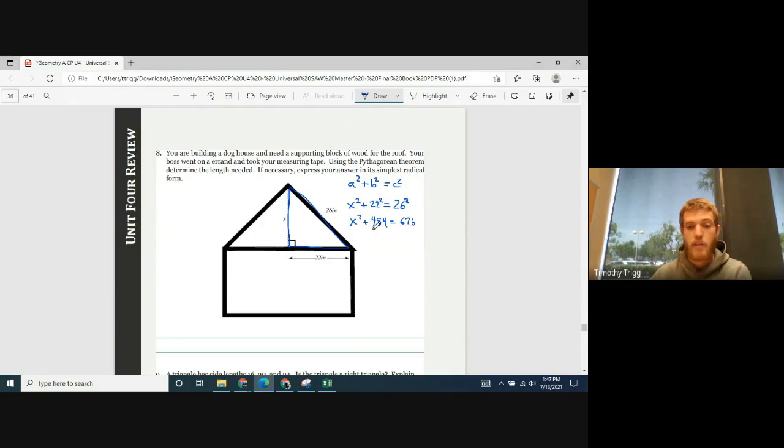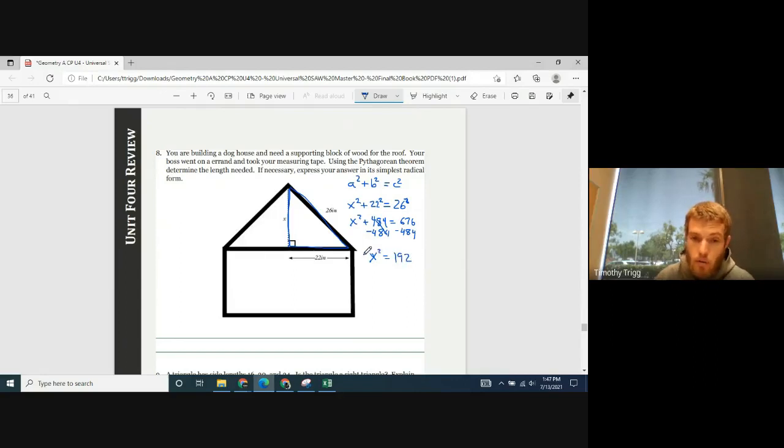To help us solve for x, we're going to subtract 484 from both sides of the equation. So that'll give you x squared equals, and you're going to go ahead and subtract that, 192.